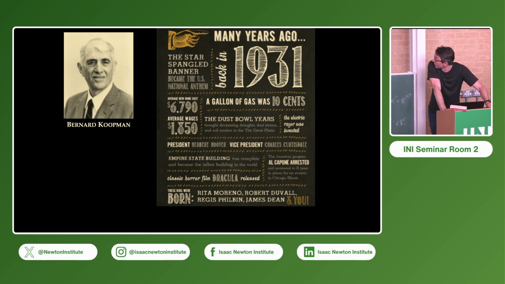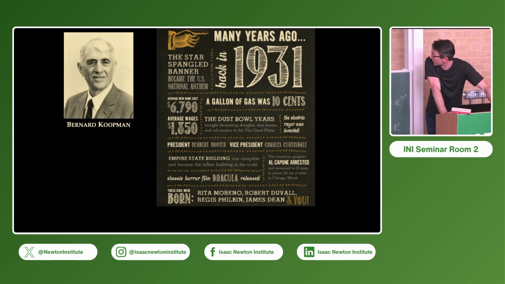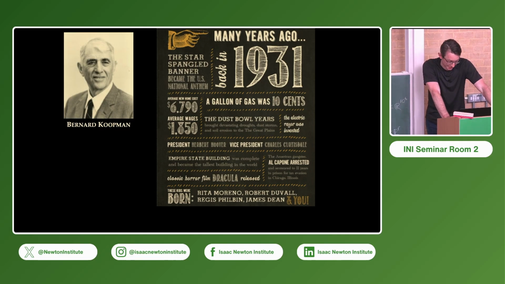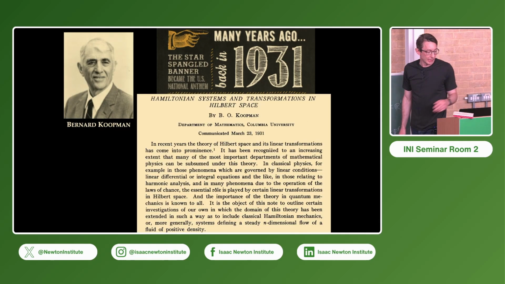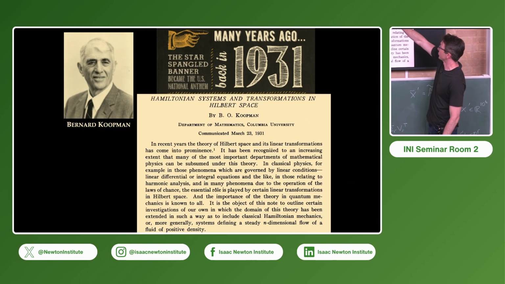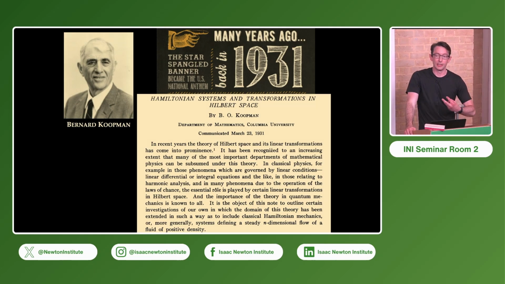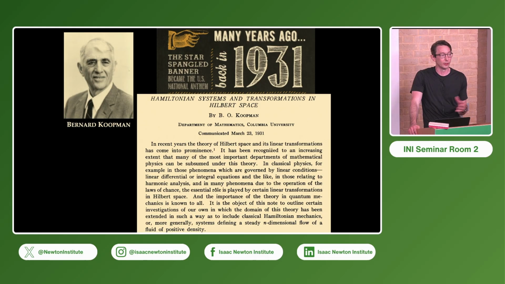Okay, so Bernard Koopman, brilliant mathematician, in 1931, when Al Capone was arrested and the classic horror film Dracula was released, wrote this brilliant paper, Hamiltonian Systems and Transformations in Hilbert Space. Essentially, this was on the heels of the revolution in quantum mechanics, which was an operator theoretic perspective.